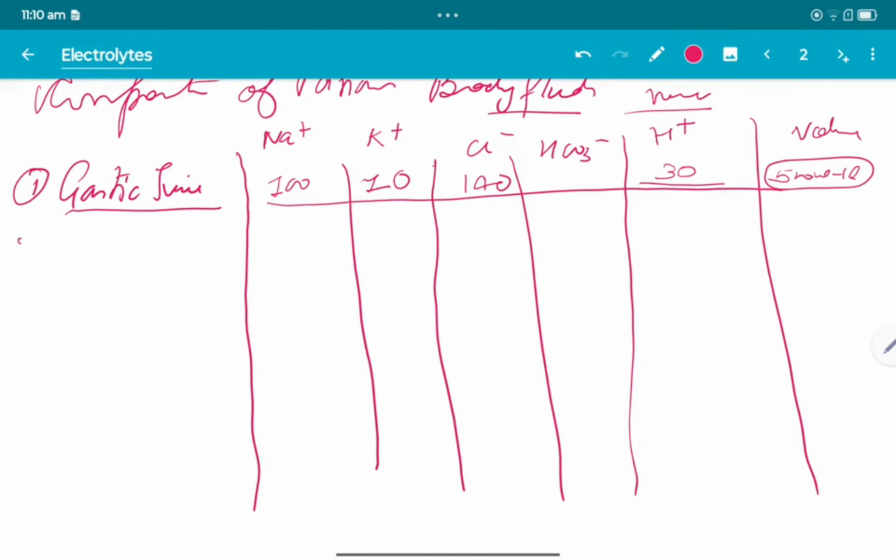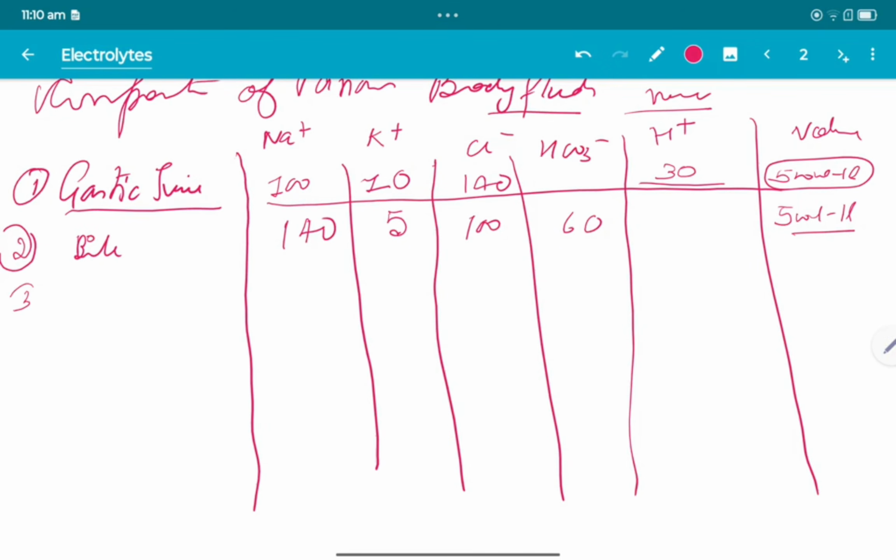Second is the biliary juice. You have 140 milliequivalent of sodium, 5 milliequivalent of potassium, which is equal to plasma, 100 milliequivalent of chloride, 60 milliequivalent of bicarbonate, there is no hydrogen, and approximately 500 ml to 1 liter of bile per day is secreted.